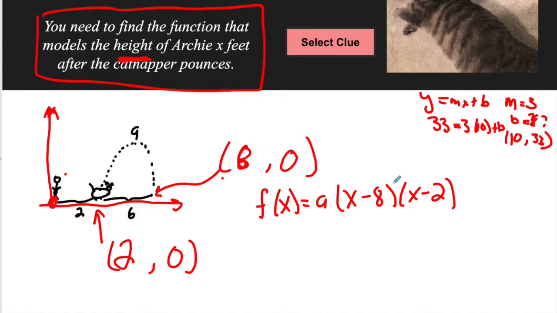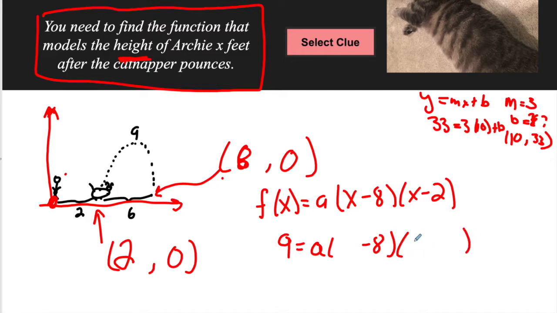This is the exact same idea, but with a different type of function. Now I have my form, and I need to solve for my a value, so I'm going to use my point to help me figure it out. They tell us the maximum y, but they don't tell us the maximum x. I know that this needs to be 9 because the maximum value is 9. But what does x need to be?